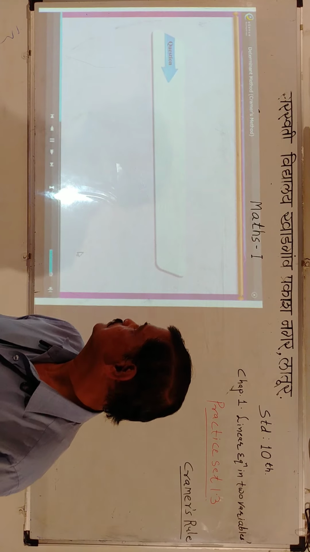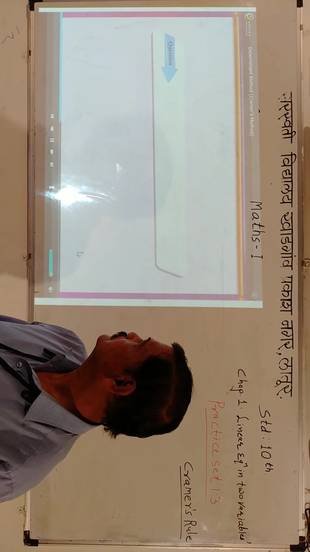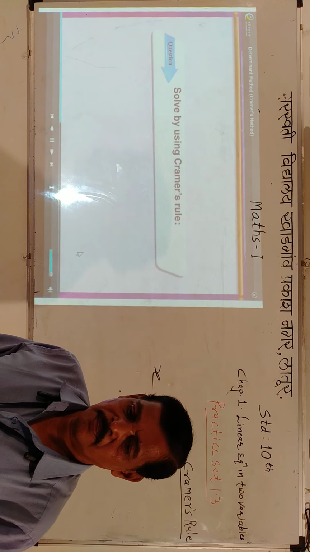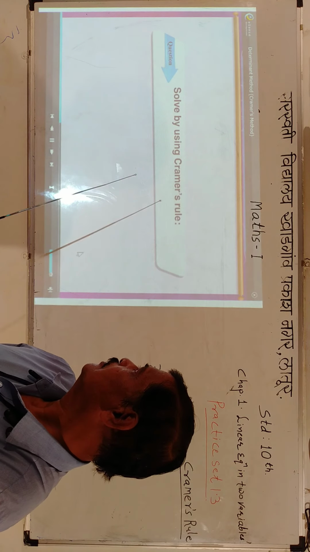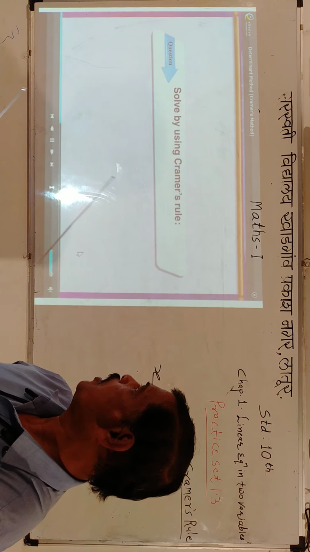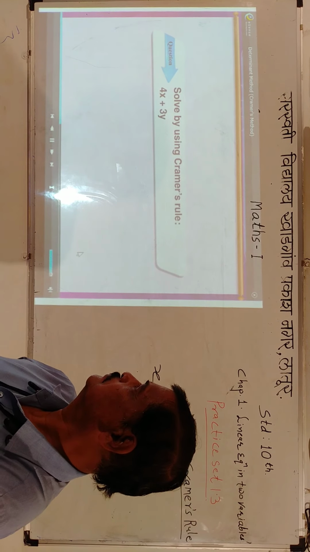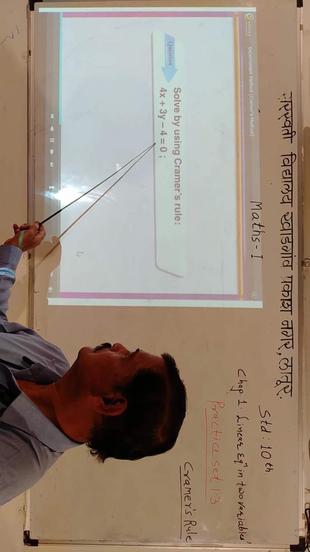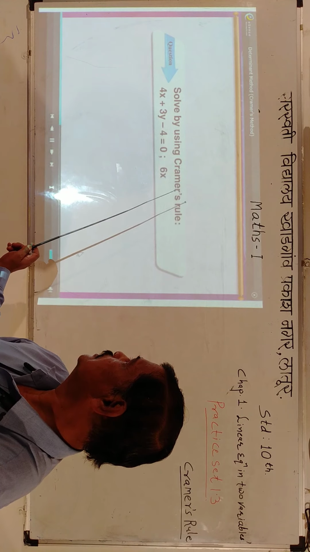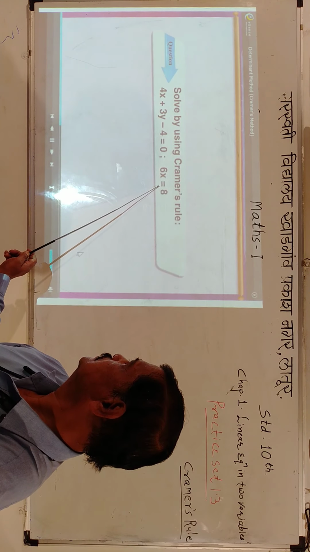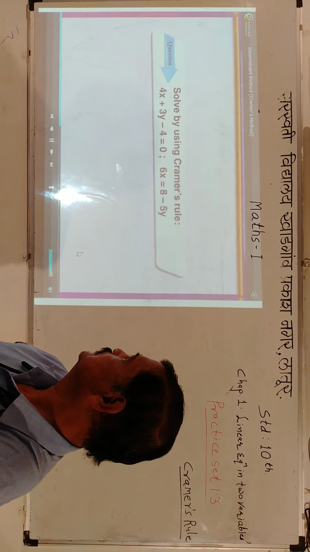Let us now solve a few simultaneous equations using Cramer's rule. In question 1, we have to solve the equations 4x plus 3y minus 4 equal to 0 and 6x is 8 minus 5y.